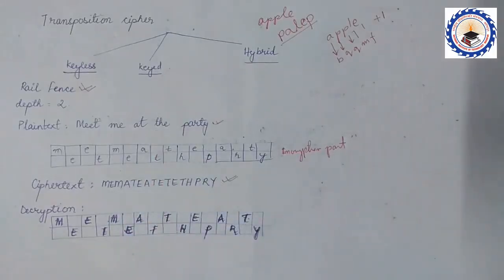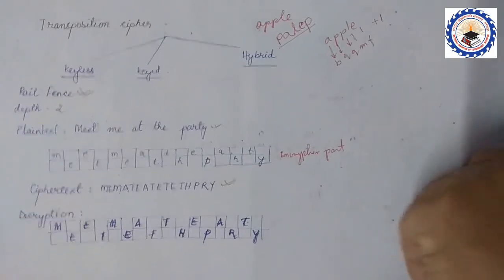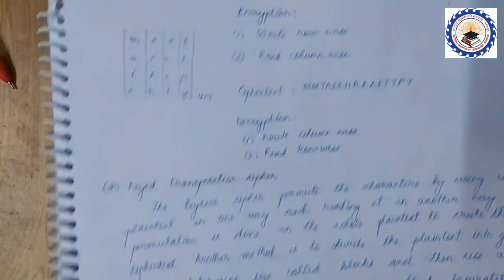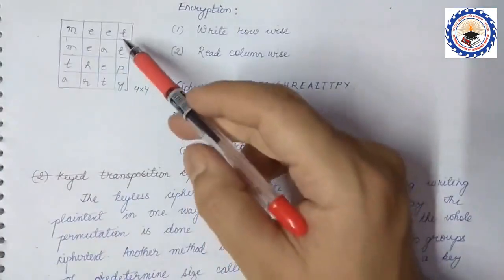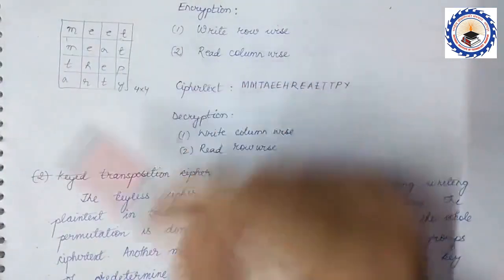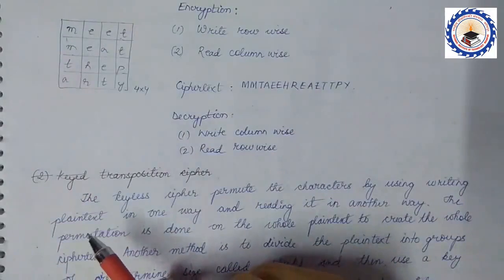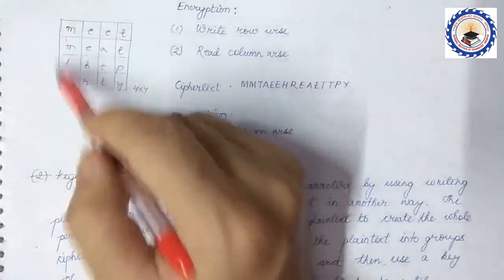Okay. So in an exam, if they have not mentioned the relevant cipher, and if you are asked to perform the keyless transposition cipher, if the name is not given and they ask you to perform only the transposition cipher keyless, and the depth is given as 1, 2, 3, 4, or a 4 by 4 cell is given, or any depth is given, then you have to construct that depth.